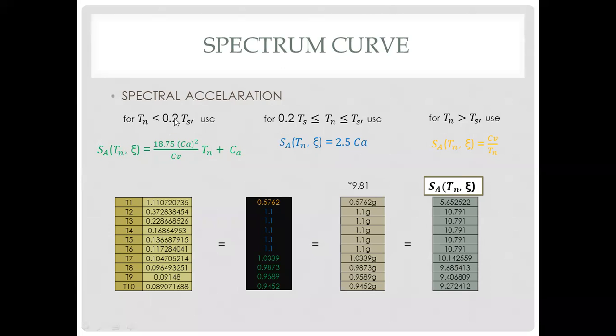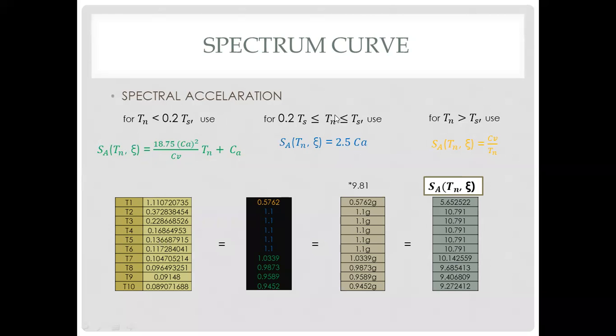So, for situation 1, tingnan natin if 0.2 TS is greater than TN. So, we will use this formula if it fits for the situation 1.